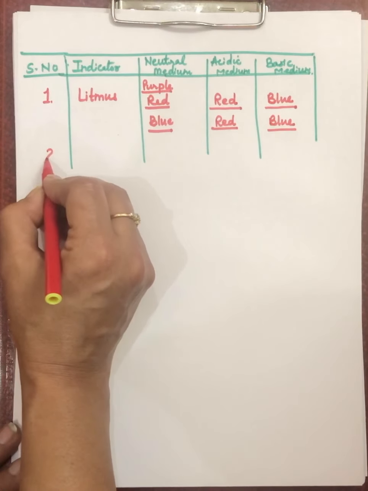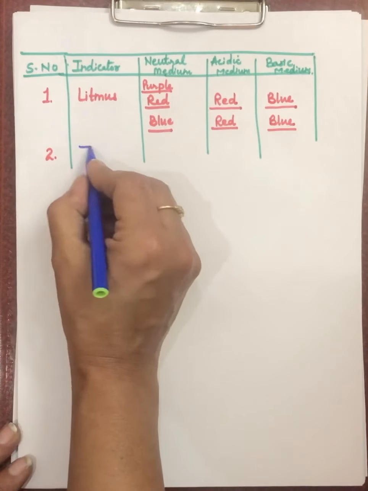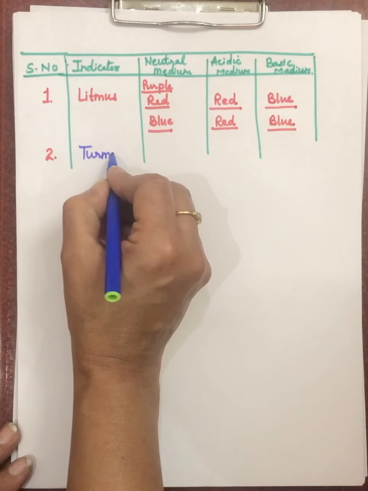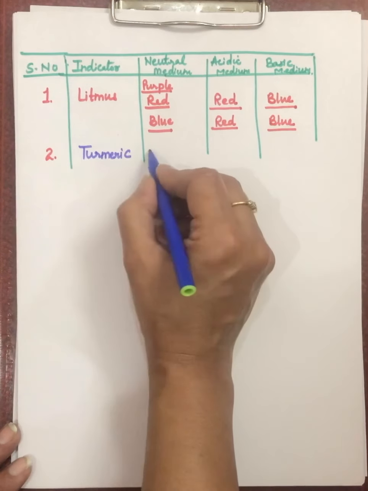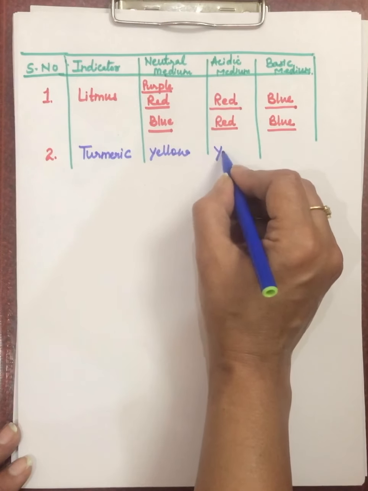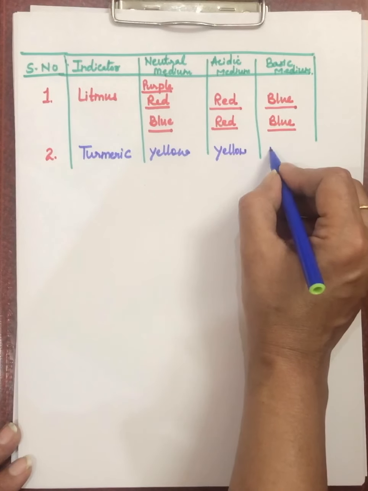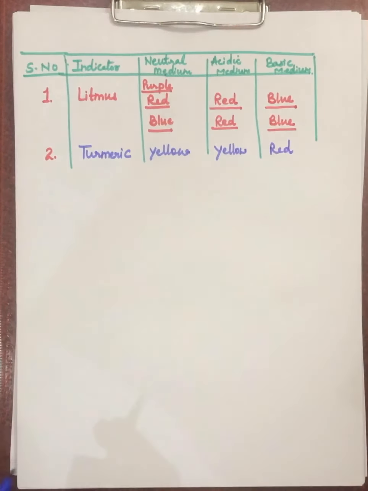Now, after litmus, next is turmeric. Natural indicator, turmeric. We all know that its neutral color is yellow. In acidic medium also, it will remain yellow, but in basic medium, its color will change to red.